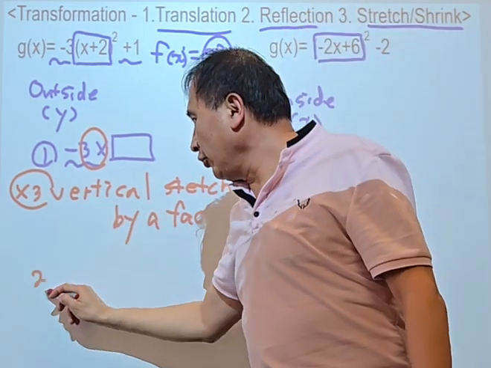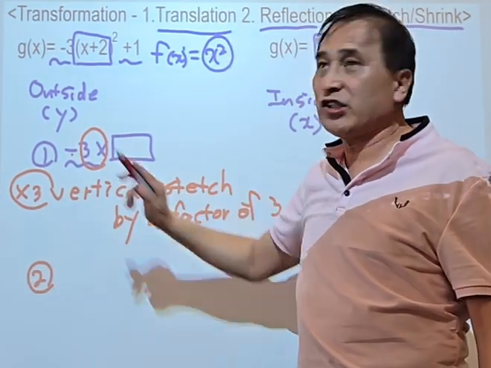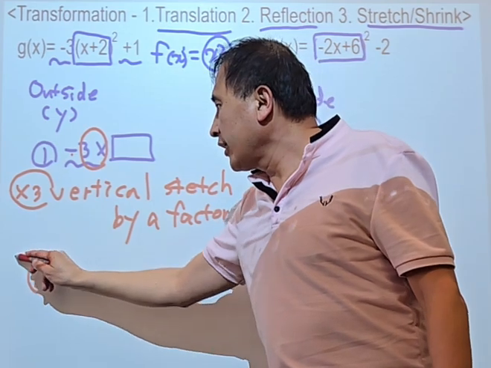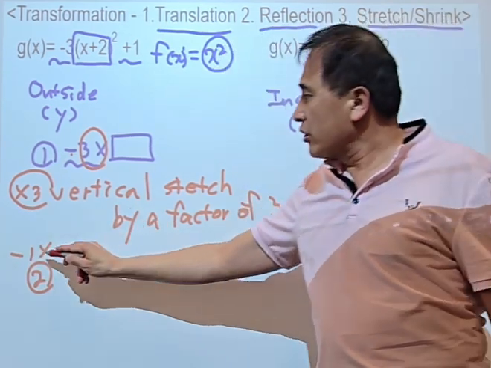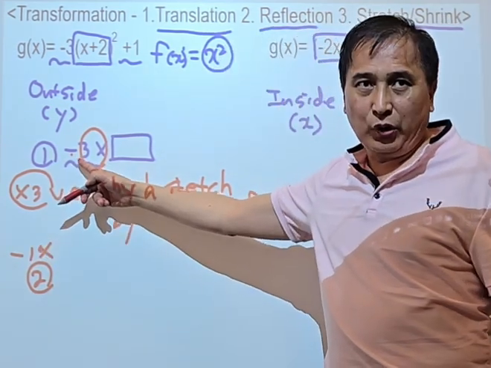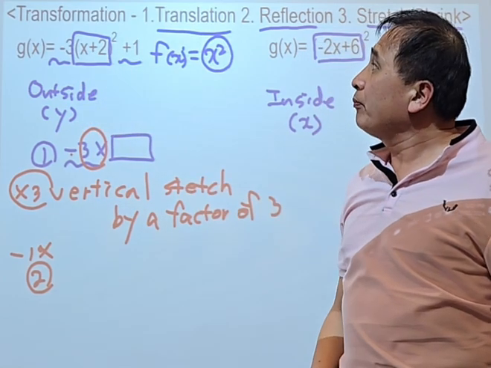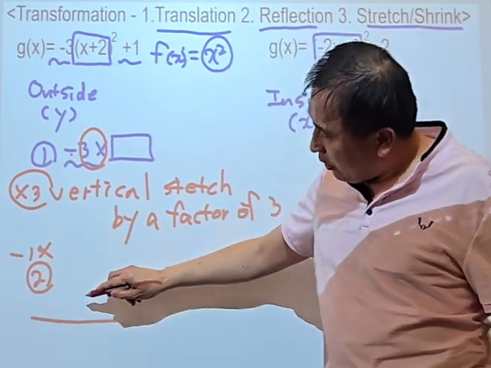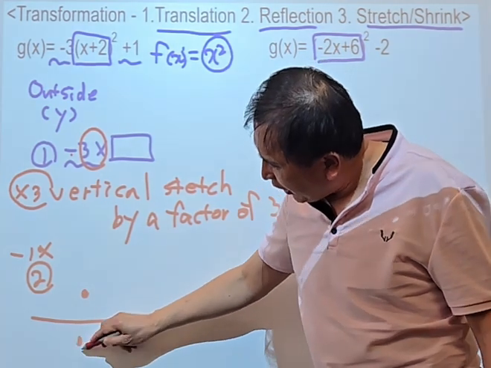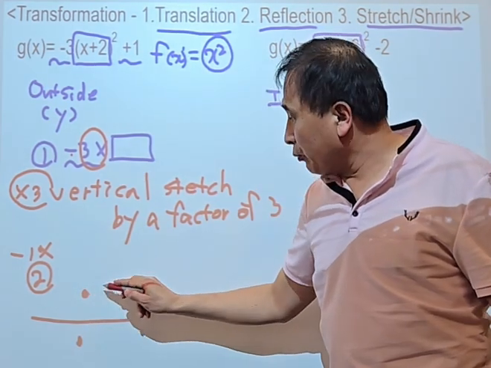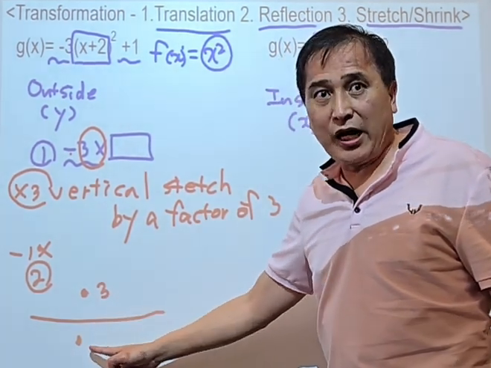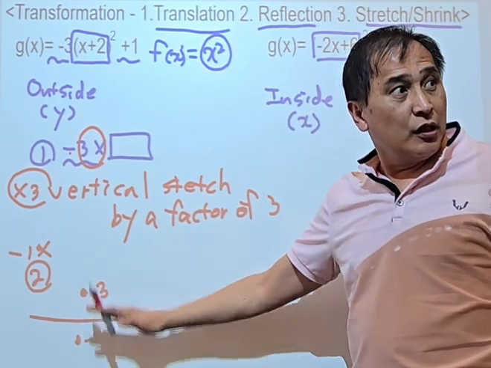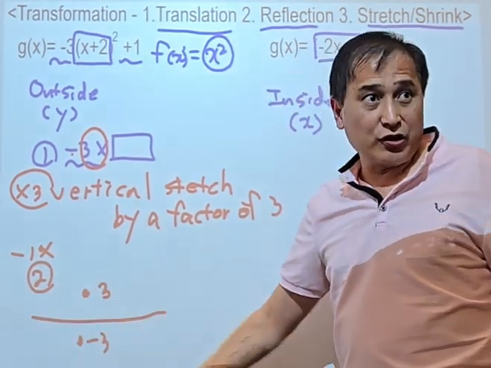There's another transformation outside, which is the negative. This is negative 1 times. When there's a negative number in front of the parenthesis, that is y again. The y value was 3, but now the y value is negative 3, which means x-axis reflection.